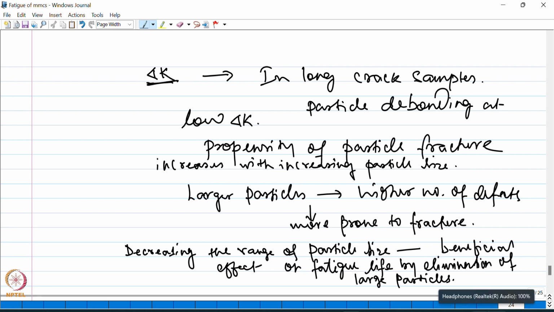Okay, so this is how the crack initiation occurs in metal matrix composites.